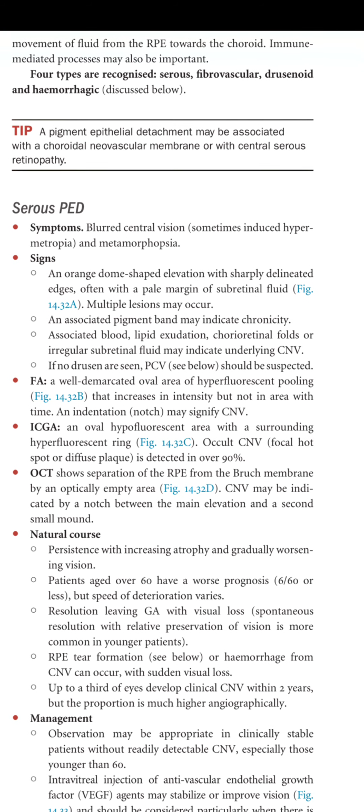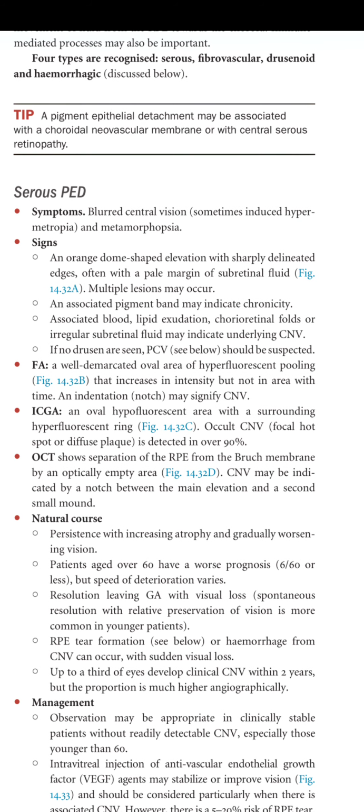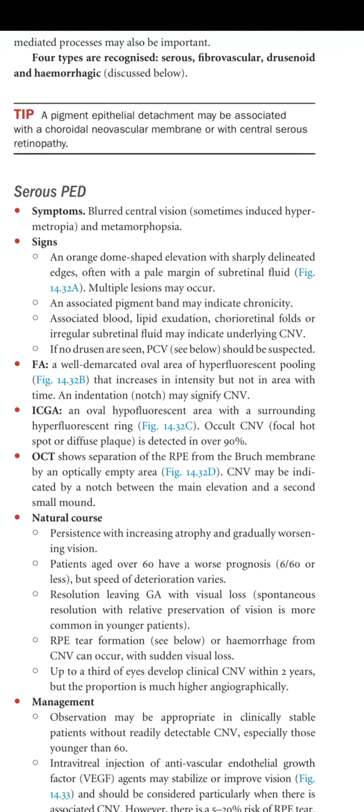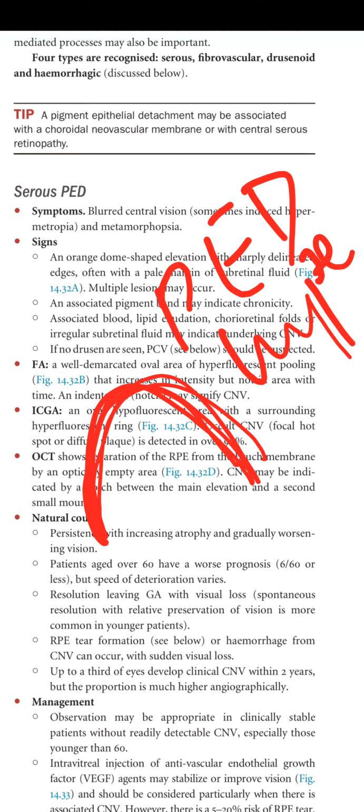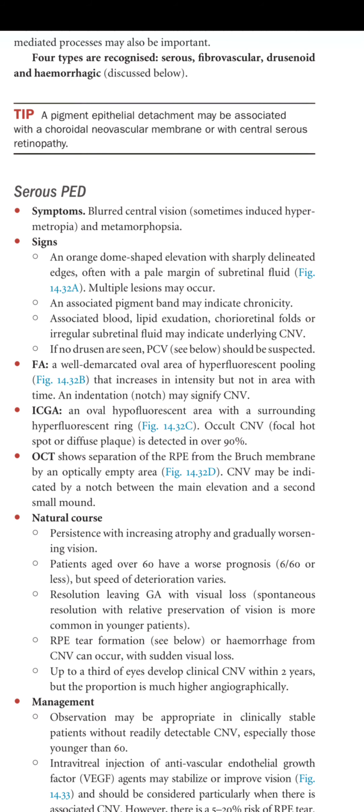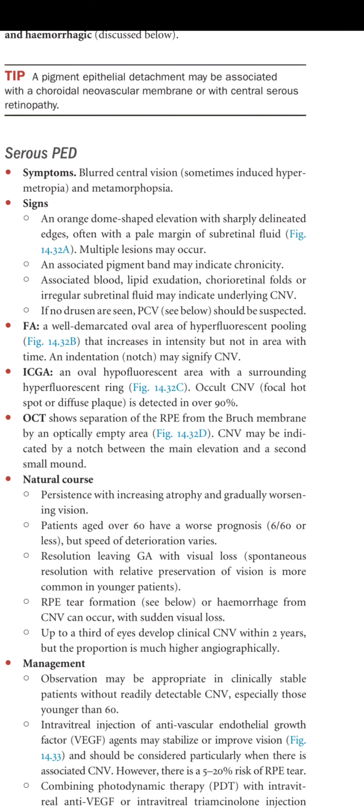So next is the serous PED. Symptoms include blurred central vision, sometimes induced hypermetropia and metamorphopsia. Because there is increased convexity of the retina, it can cause the hypermetropia, and metamorphopsia, distortion of the images. There is an orange dome-shaped elevation with a sharply delineated margin, often with a pale margin of subretinal fluid.